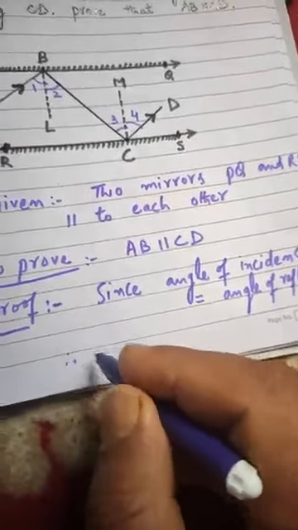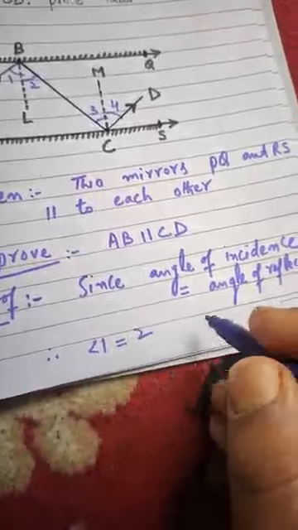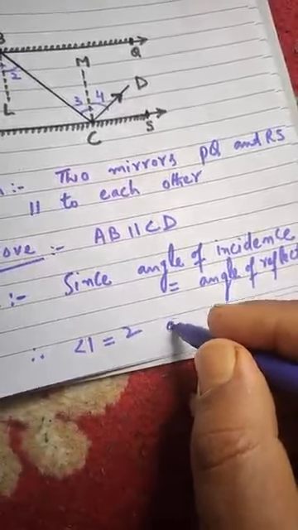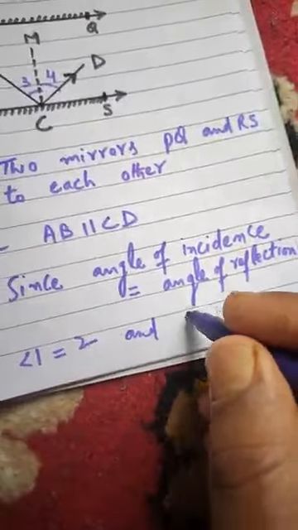Therefore angle 1 is equal to angle 2 and angle 3 is equal to angle 4.